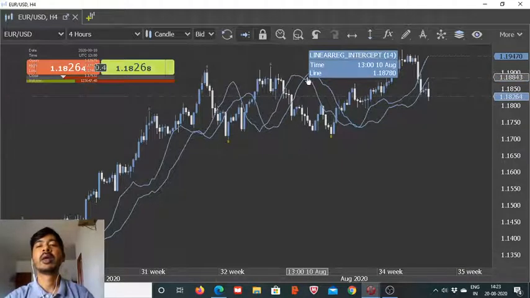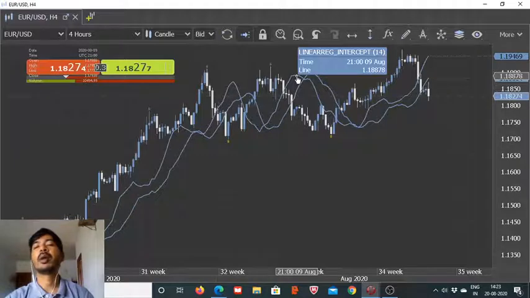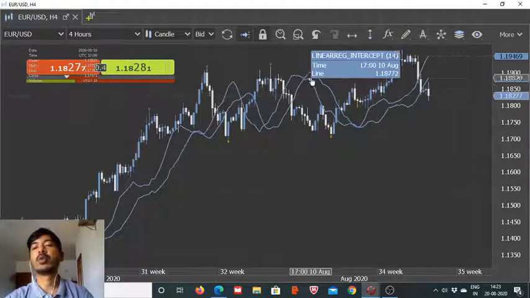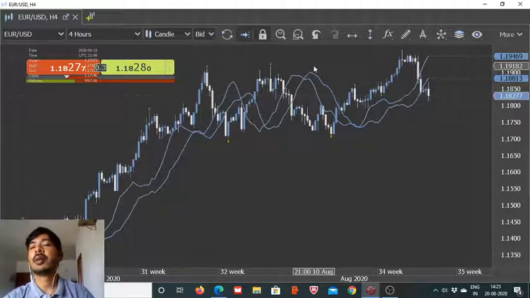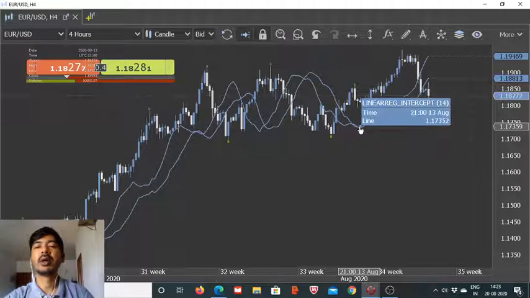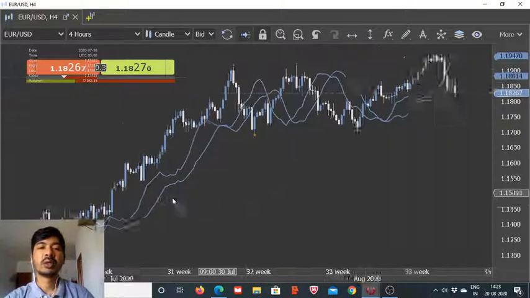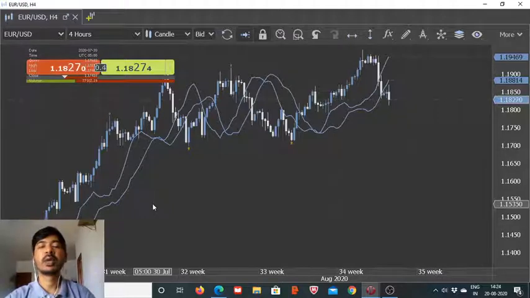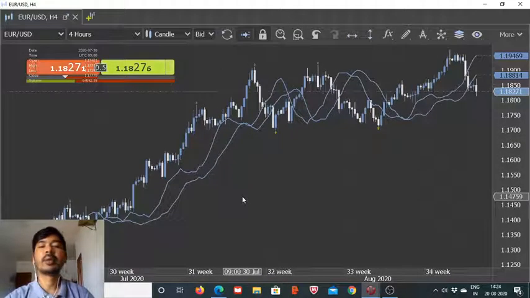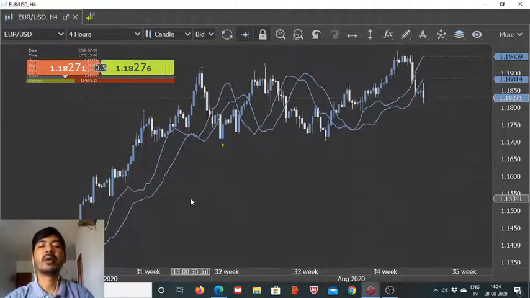Here, in this kind of setup, where the lower time frame linear regression intercept crosses below the higher time frame linear regression intercept, that can be considered as bearish, and vice versa. Whenever the lower time frame linear regression intercept crosses above the higher time frame linear regression intercept, it can be considered bullish.